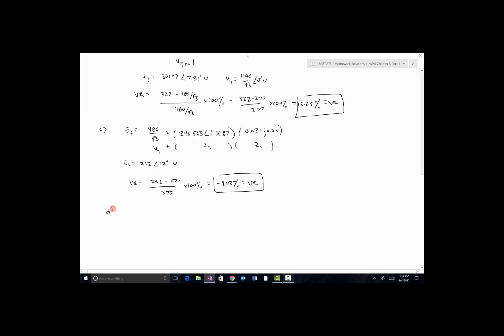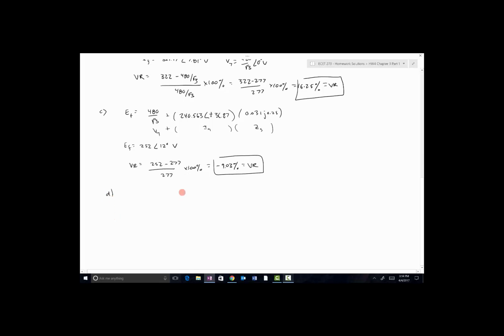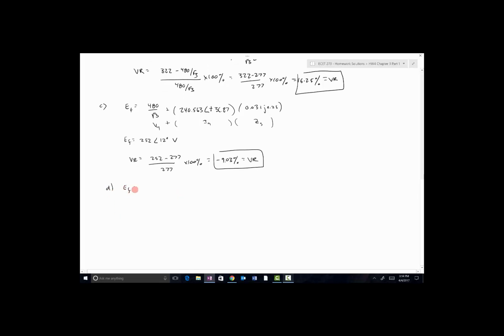And then part D, it was for unity power factor. And so that's the same formula, EF equals 480 over root 3 plus, we're at rated power, so that means we're delivering rated current, but we're at a power factor of 1, which means its phase angle of the current is 0, and then 0.03 plus J 0.25 for the synchronous impedance.